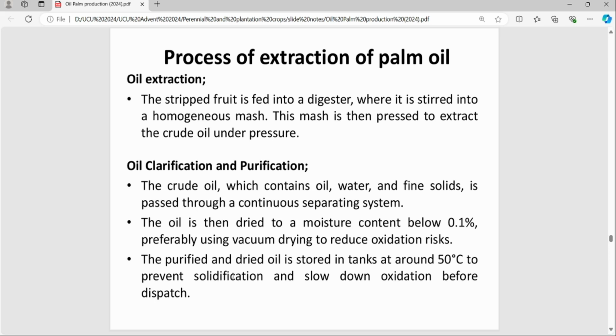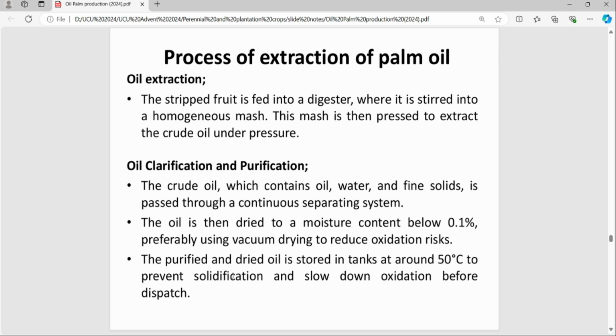Then the other stage is oil clarification and purification, where the crude oil that was extracted, which contains a mixture of oil, water, and fine solids, is passed through a separating system.